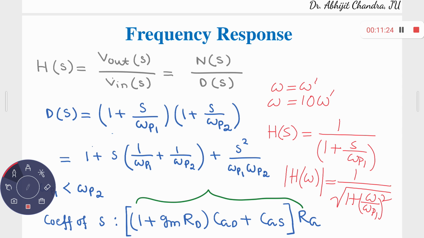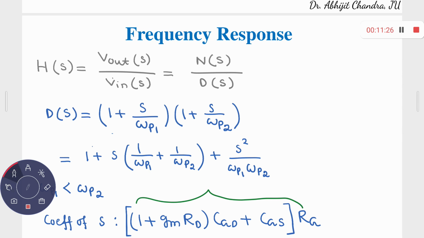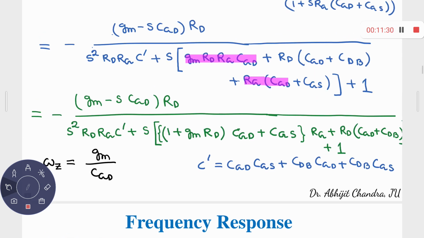Once you have this expression, that is the exact expression, because you have got this small signal model with all the parameters, incorporating the resistors, the current source, and all the capacitors, and then you have just applied the basic circuit laws, KCL and KVL, from which you have derived this expression.